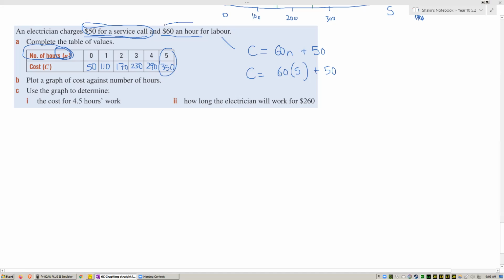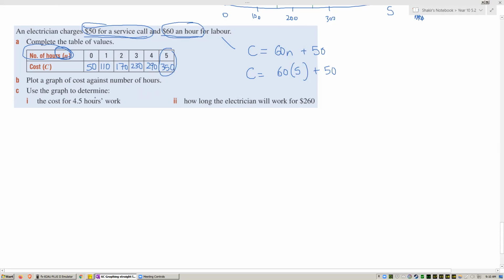It's because of $60 an hour. And maybe you've learned this in previous years, the coefficient of the variable, the number next to the letter, that's how much it's going to go up by always. That's the pattern. But I don't want to complicate it too much. We are doing just table of values. So to answer your question very simply, if you notice a pattern, more than welcome to fill it in using the pattern.